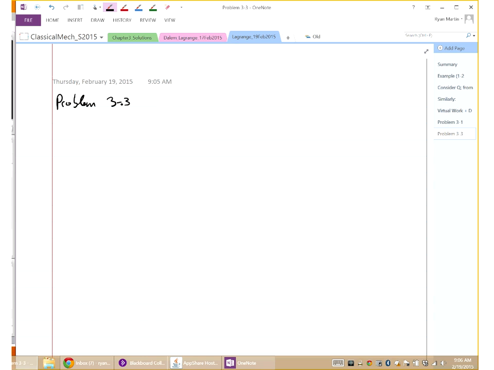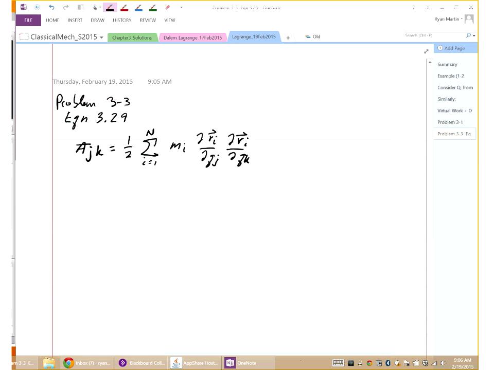So the really cool thing about 3.3 is you can express the kinetic energy in general coordinates. So if you go to equation 3.29 in your text, that tells you that A_JK is equal to 1/2 times the sum over i equals 1 to n of del R_i over del Q_J, del R_i over del Q_K.